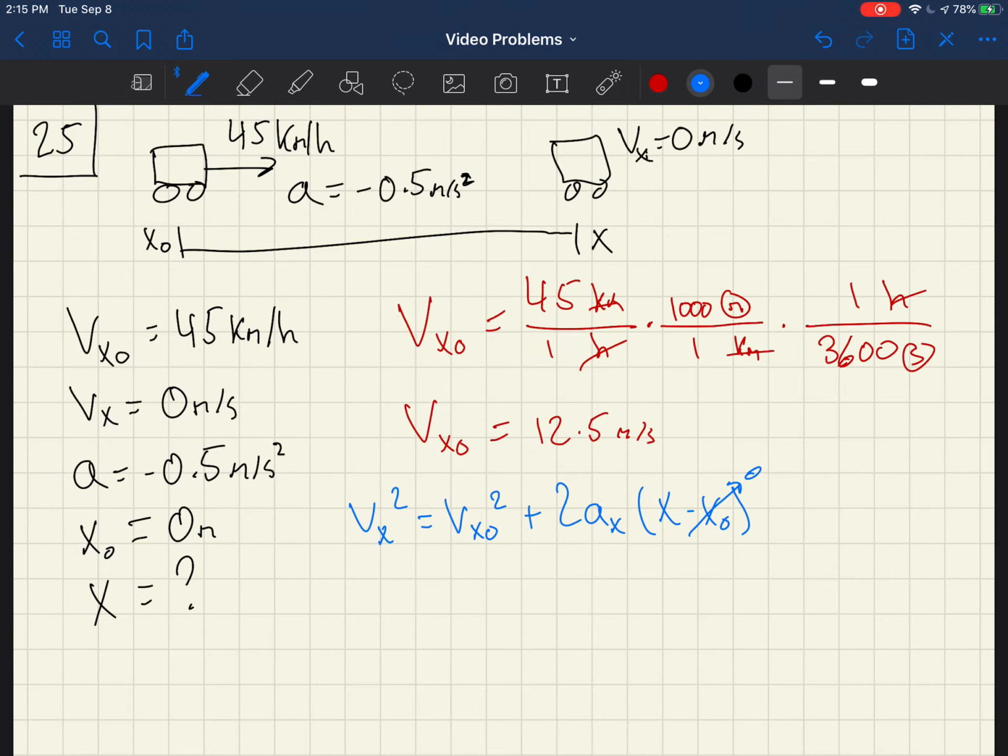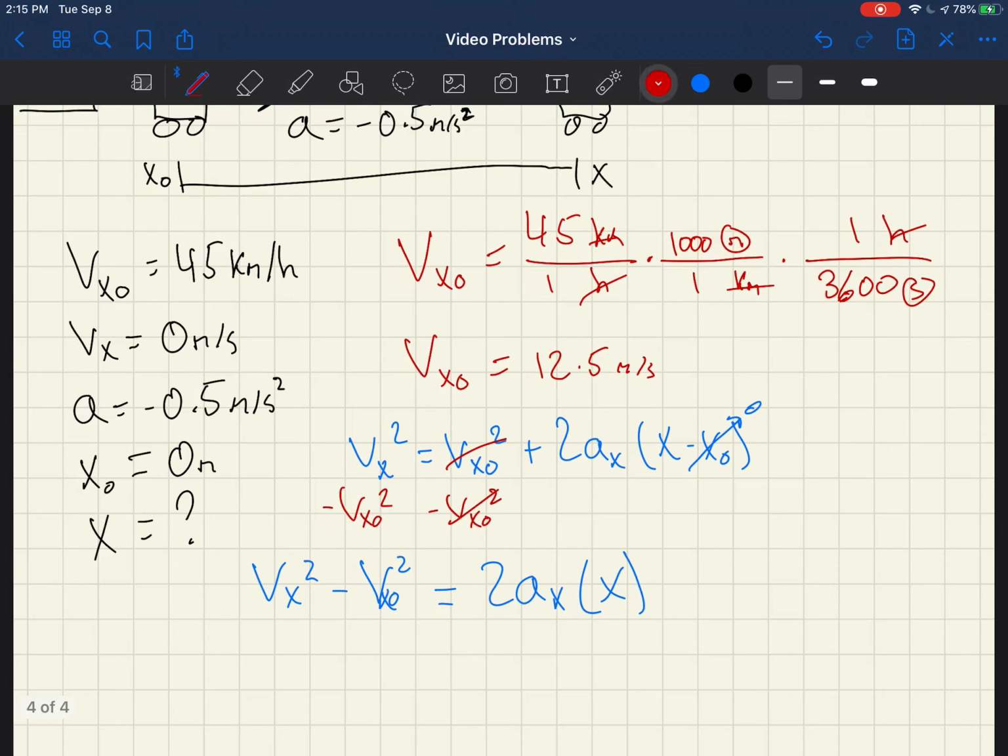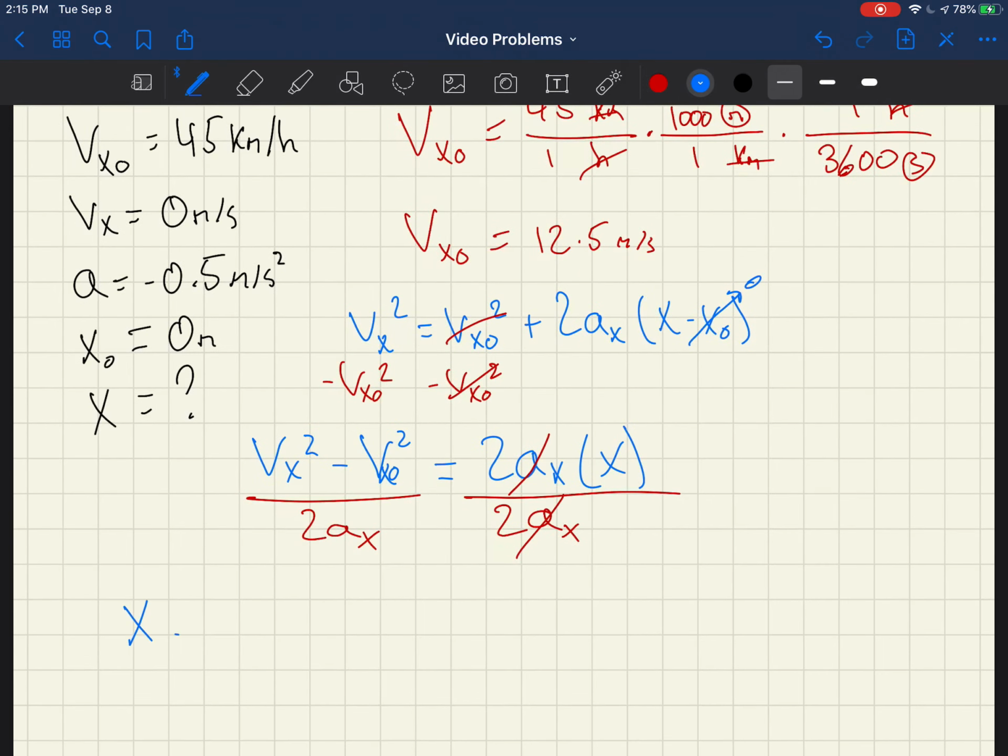All right. You could also do that with Vx if you want as well, but I'm just going to do it this way. So I'm going to start by subtracting Vx0 squared from both sides, so that side reduces out. And I have Vx squared minus Vx0 squared is equal to 2ax times x. Gonna divide both sides by 2ax, so that reduces out and leaves me with x is equal to Vx squared minus Vx0 squared over 2ax.